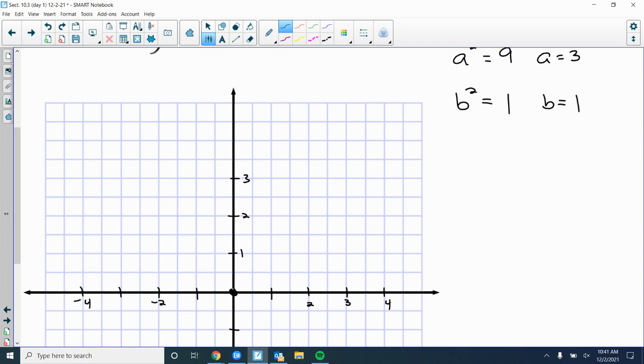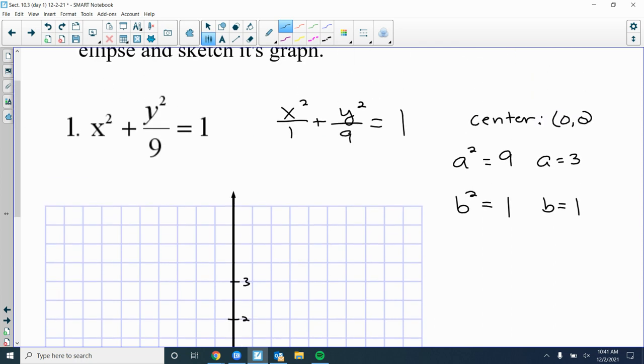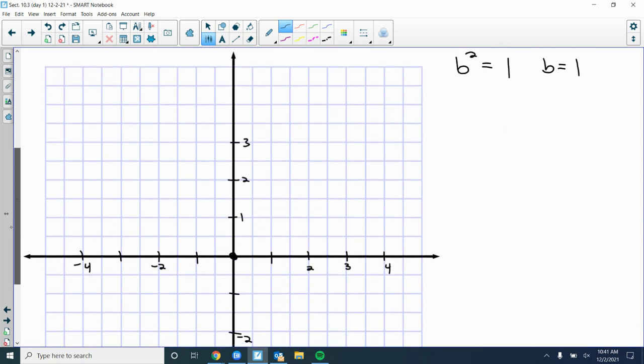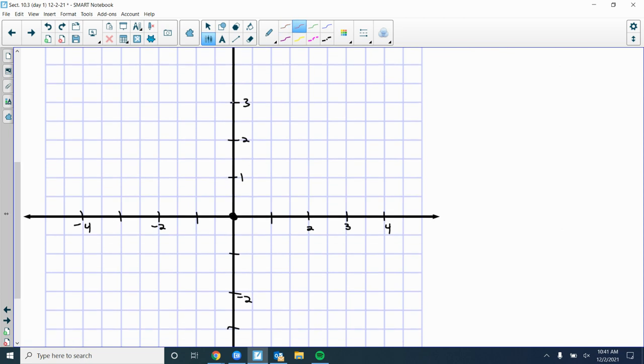Whatever's underneath the y tells you to go up or down, just like rise and run. So I go up 3 and put a dot, down 3 and put a dot, right 1, left 1. Now you actually have enough to graph it.